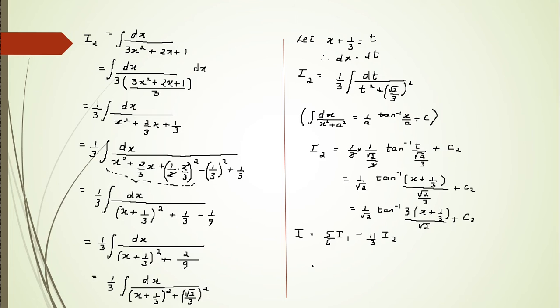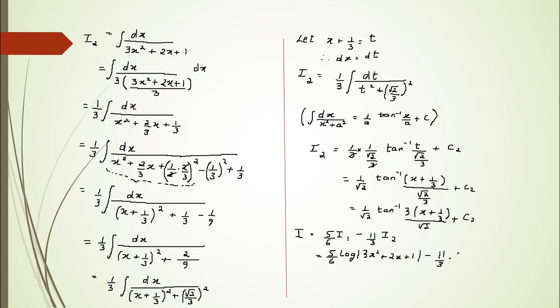Now putting the values of I1 and I2, I'll get this is equal to 5 by 6 and I1 is equal to log of modulus 3x square plus 2x plus 1. The remaining part is 11 by 3 into I2.